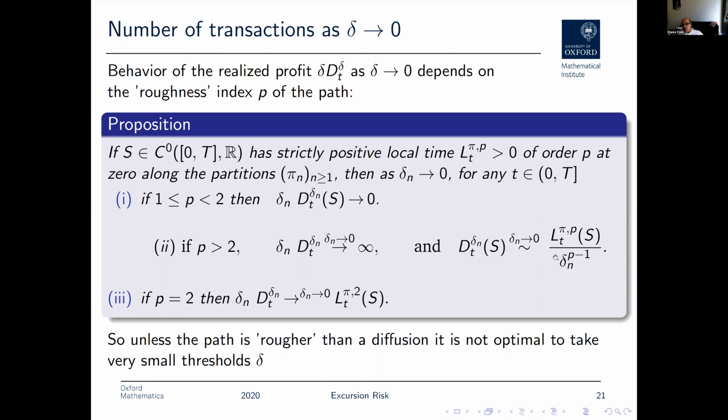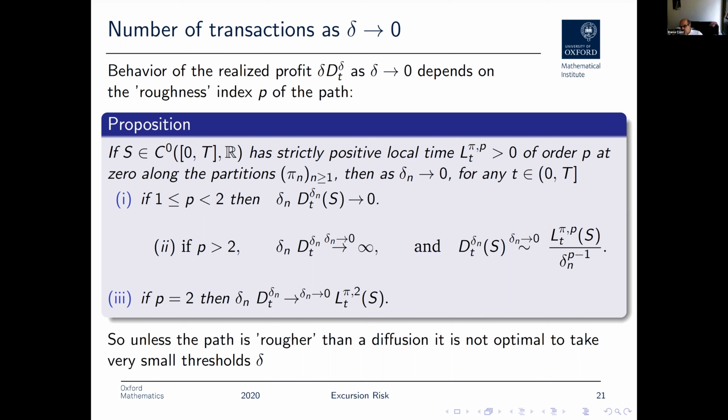So, for example, if p is equal to 2.5, then this is going to be square root of delta. So it means that the number of transactions increases like 1 over square root of delta when you shrink the threshold. And in that case, the realized profit goes to infinity. So in this case, if you really think that your signal is rougher than Brownian motion, then you should trade at the highest frequency possible and with the lowest threshold possible.